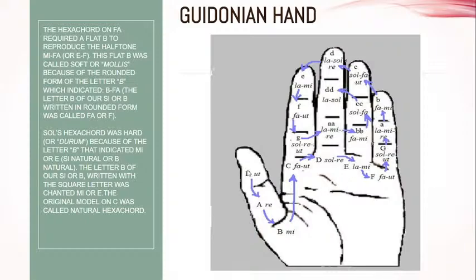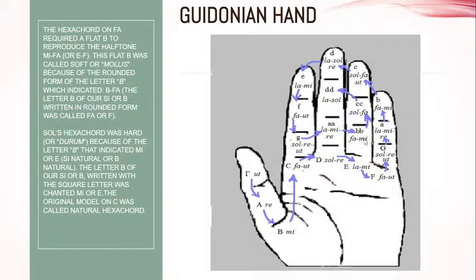So it starts with the gamma, la or re, B or mi, goes to the C or fa, then you restart, ut, then sol and re, so the D was sol and re, the E was la or mi, the F was fa or ut, going on.